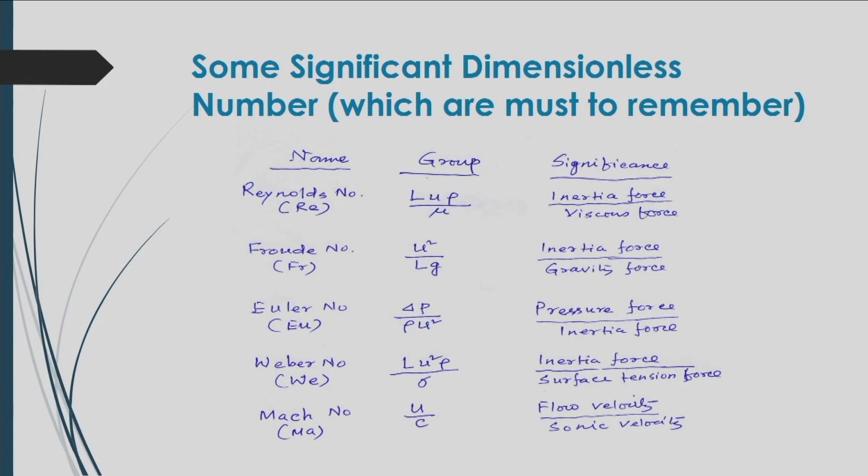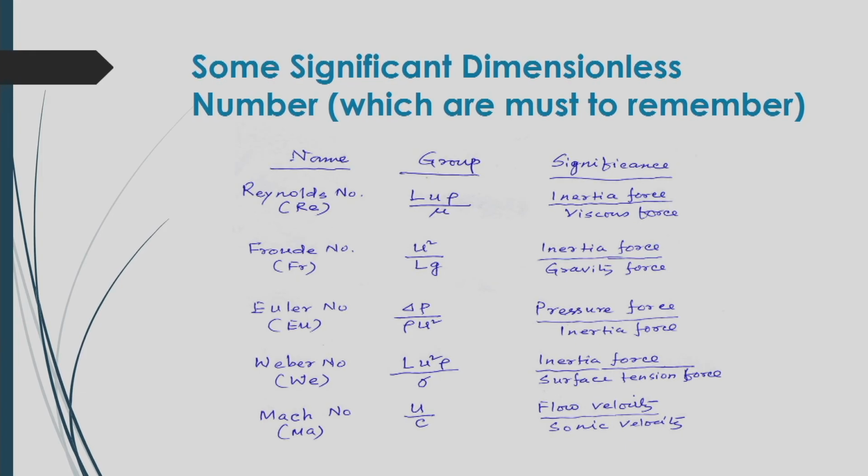Now, for chemical engineering process analysis like this, we form some dimensionless groups. Some of these dimensionless groups are significant and very important for analysis of process performance.